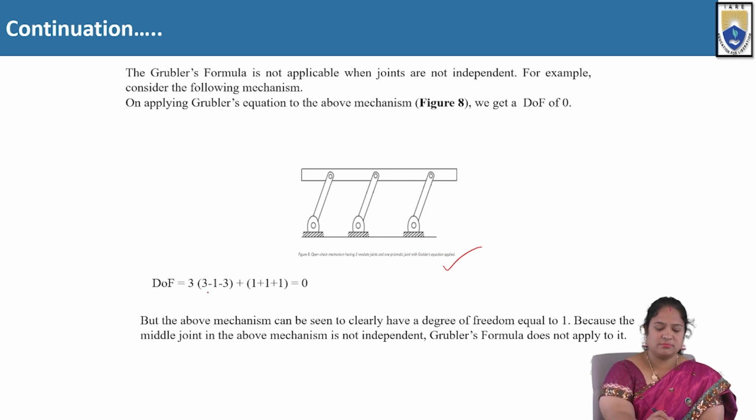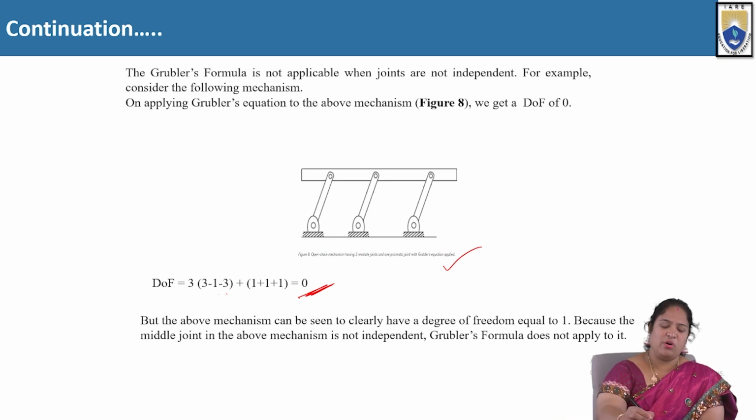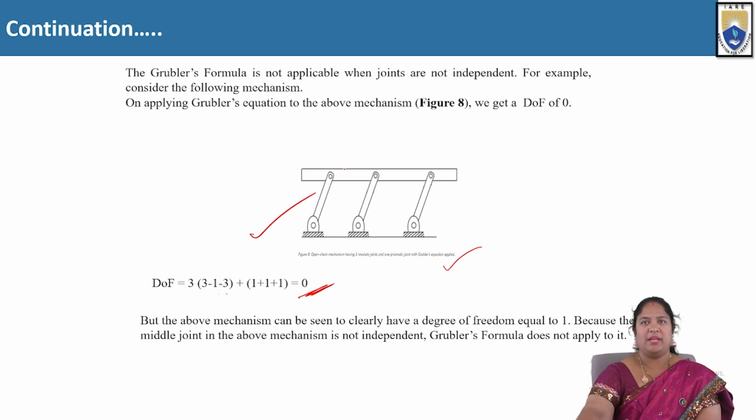That is 3 into (3 minus 1) minus 3 plus 1 plus 1 plus 1. We are getting the degree of freedom as 0. So, the Grubler formula will not be applicable for this particular mechanism. Right? The Grubler formula is not applicable for this particular type of mechanism.